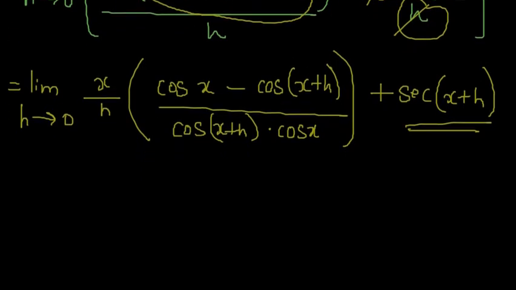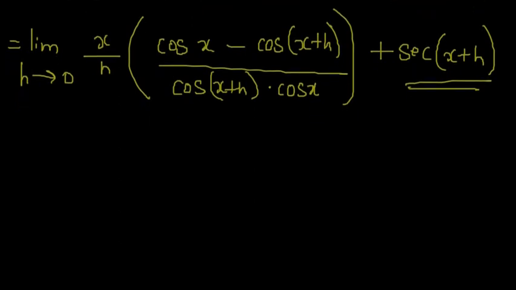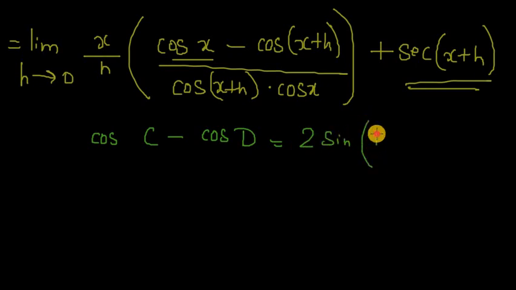In the numerator, we'll use a trigonometry formula now. Cos x minus cos of x plus h is of the form cos c minus cos d. Try to recollect what is cos c minus cos d. It is 2 sine of (d minus c) by 2 into sine of (c plus d) by 2.